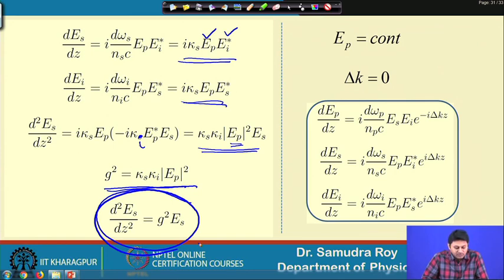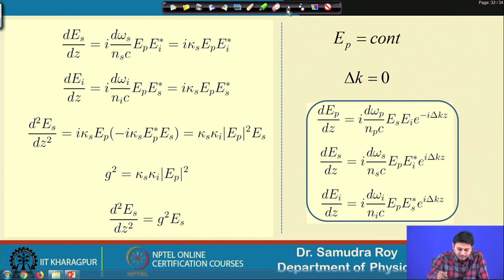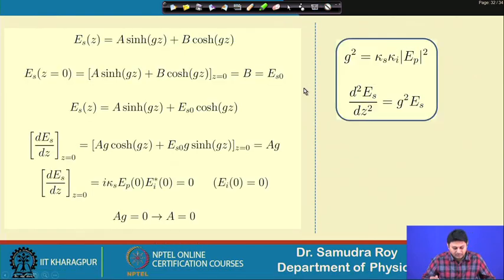The signal will have this kind of form that we know, because we have already calculated this kind of thing in the previous calculation. Once we have the differential equation of the signal field, readily we can have the solution.